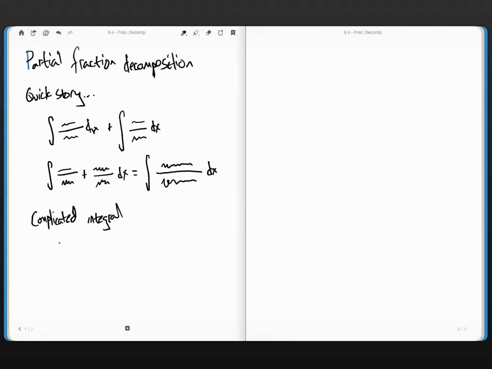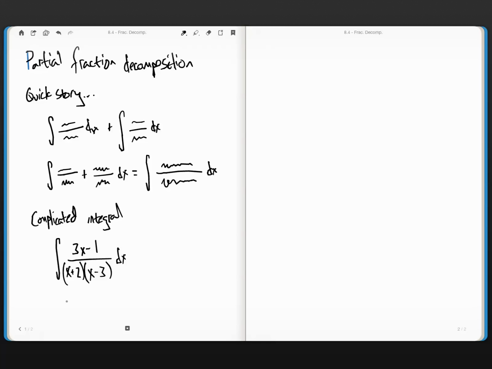It was the integral of 3x minus 1 over (x plus 2)(x minus 3) dx. So that was the integral that my dad came up with, that I knew came from two simpler integrals.